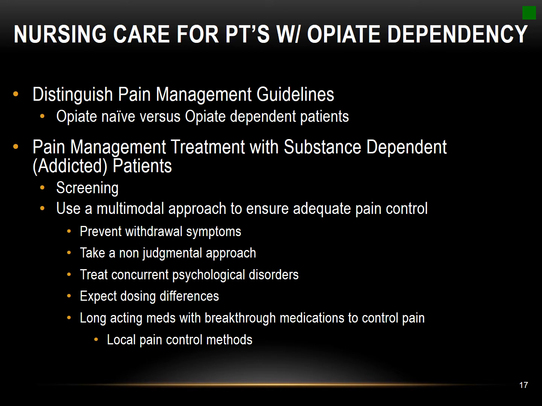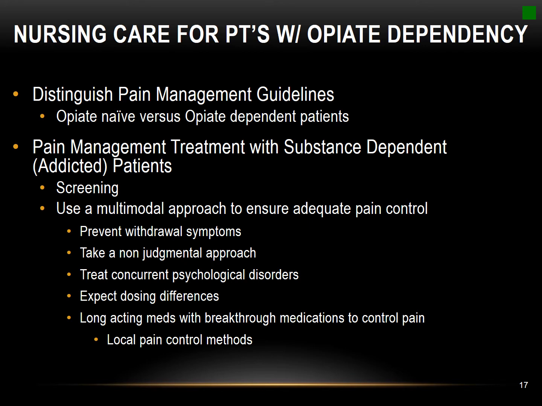Pain management treatment for patients with substance use disorder. That's patients that are also addicted to opioids at the same time. When somebody's admitted or in the physician's office, you're going to be involved in using a screening tool like the CAGE-AID or the COWS, C-O-W-S, which is the Clinical Opioid Withdrawal Scale, as part of the admission assessment.